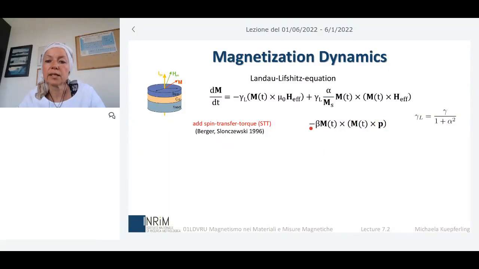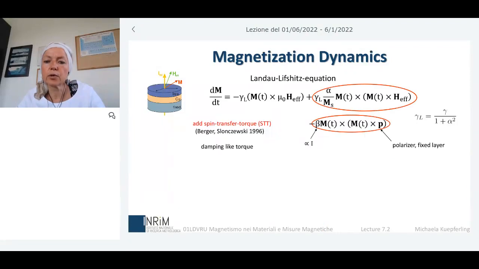But you see exactly the same shape of this term here. So these two terms act in the same way, let's say, but depending on this constant here, beta, which depends on the current that I apply. So the current, of course, can have several effects.